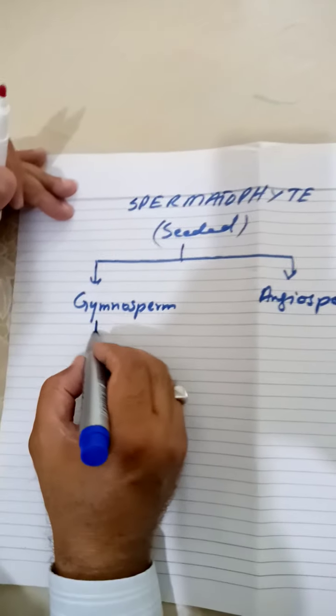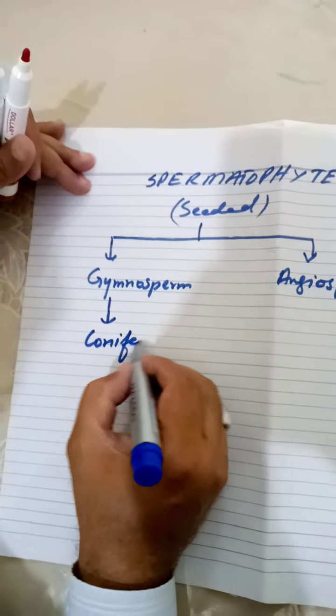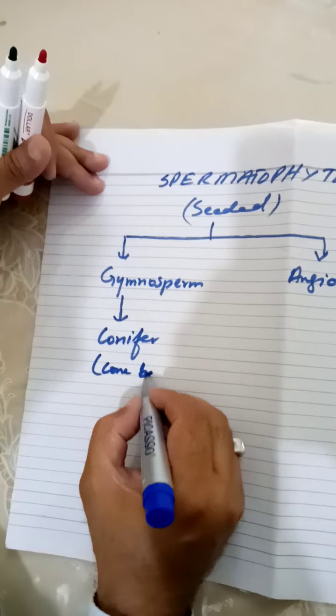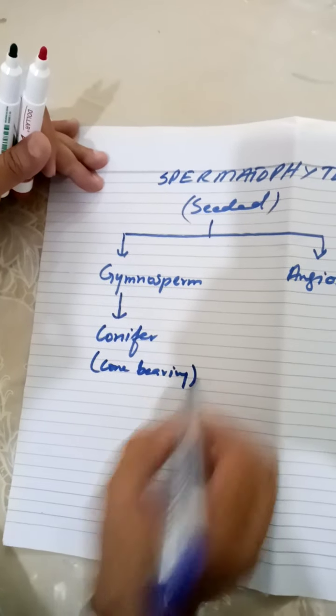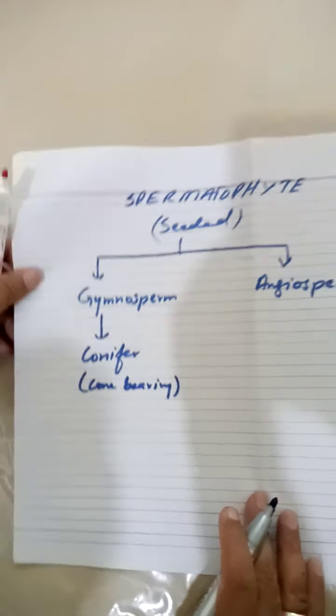Our next topic is the Gymnosperm, which is also called conifer, cone-bearing plant. As we start their life cycle, once again make an outline.